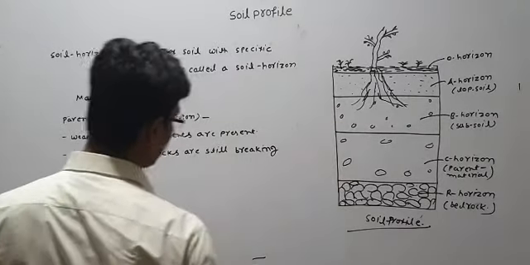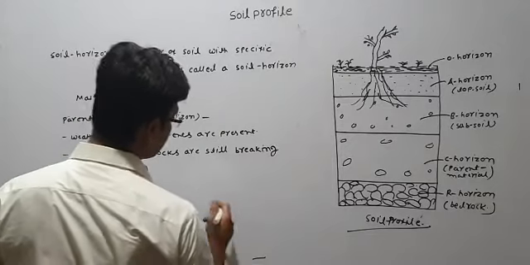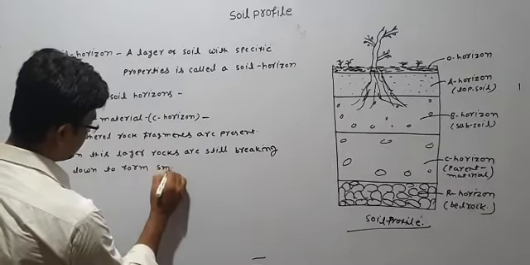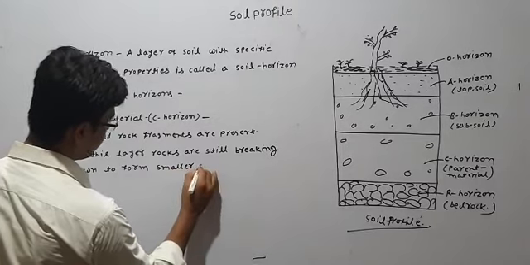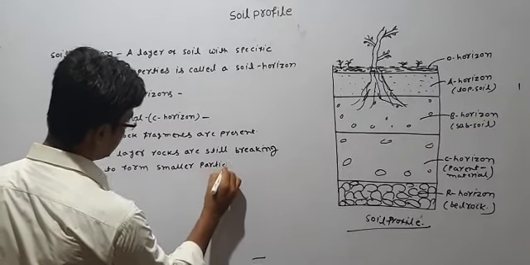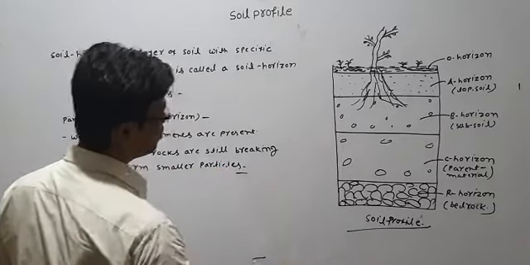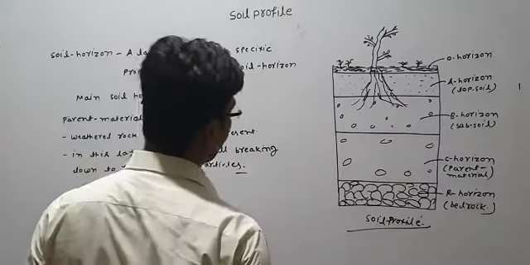Okay, so to form smaller particles. When these smaller particles form, simply we can say these upper horizons are also made of this.